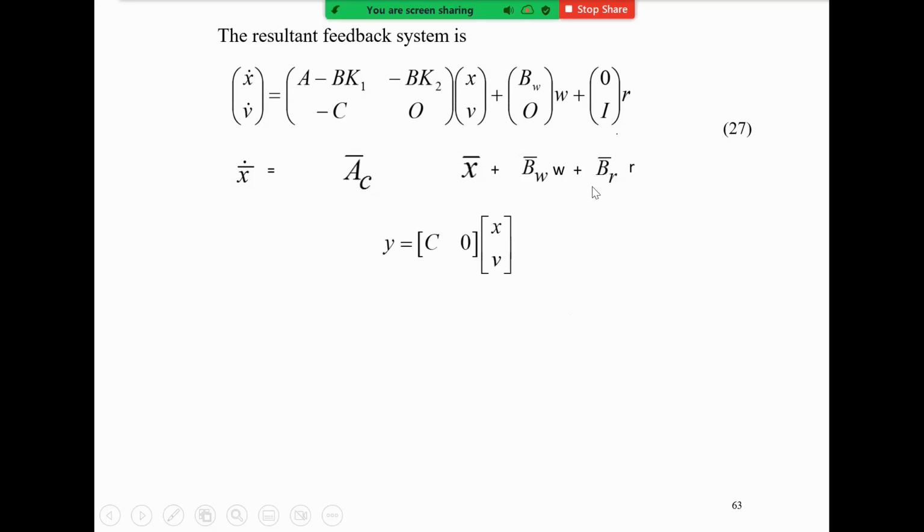So the whole system is stable. Of course, it does not mean that X bar will go to 0, because it has some impact from the disturbance and the reference. But we know the whole system is stable. That is the key part.